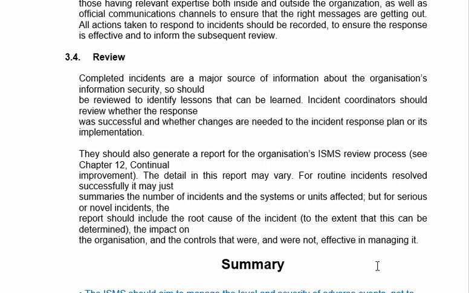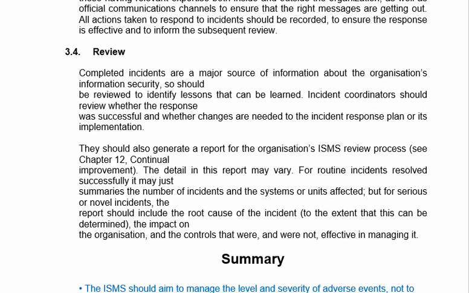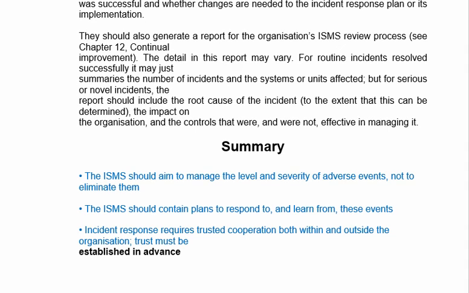In the review also, you first need to understand what lessons you have learned from those incidents. Also you need to generate a report for the incidents that would help in the continual improvement cycle of the organization, so that it may not happen again within the organization.